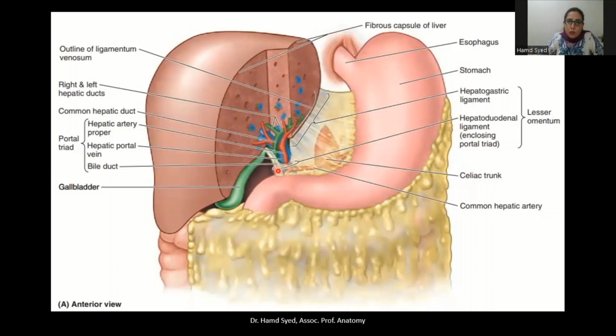This portion attached to the duodenum is known as the hepatoduodenal ligament, and this part, which is attached to the stomach, is known as the hepatogastric ligament. These can be collectively called the lesser omentum. So this describes the attachment of the lesser omentum.